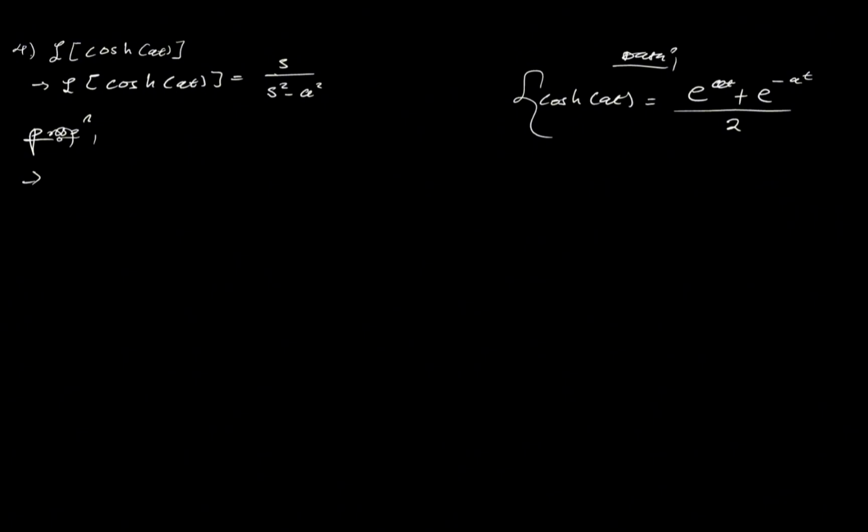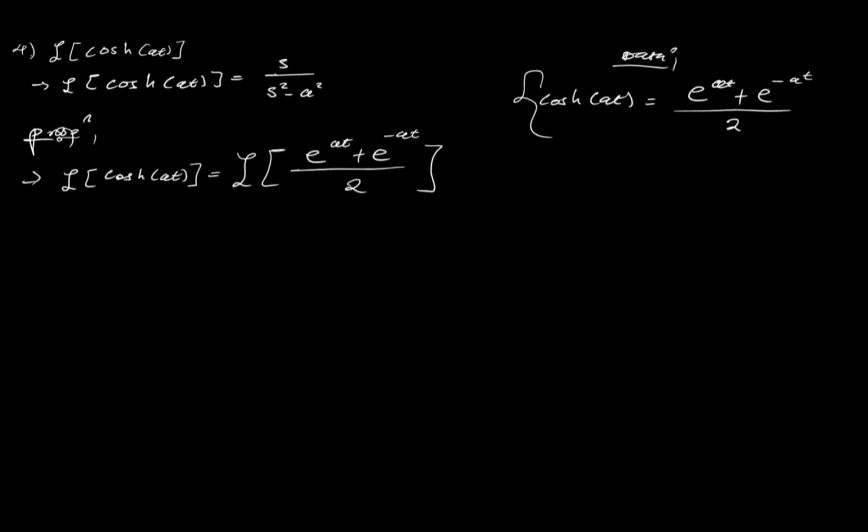This implies that what we're looking for, the Laplace of cos hyperbolic of the argument at, is just equivalent to the Laplace of its identity, which is e to the at plus e to the minus at divided by 2.